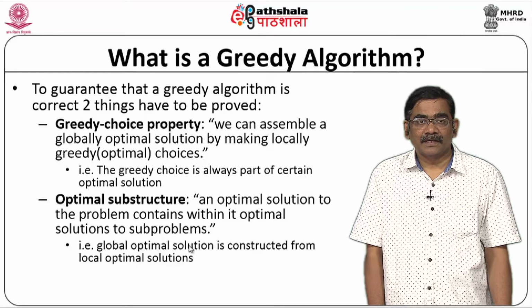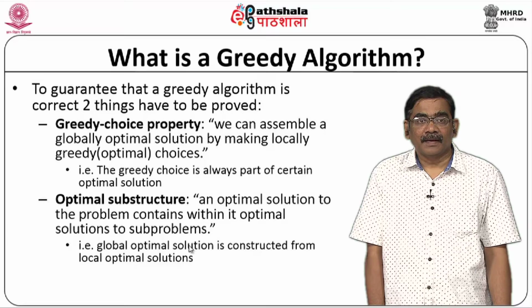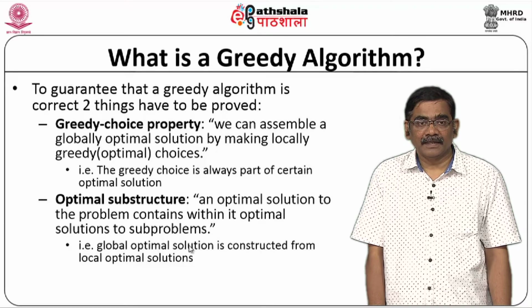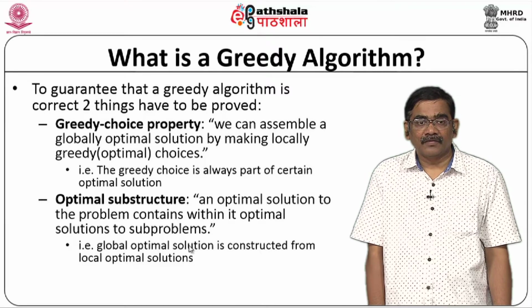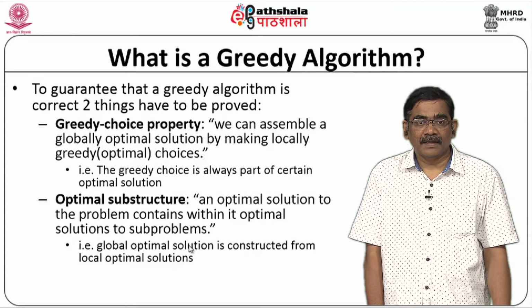In other words, the global optimum solution is obtained by combining lots of locally optimal decisions that are taken by the algorithm, and finally, it has to satisfy a thing called optimal substructure.